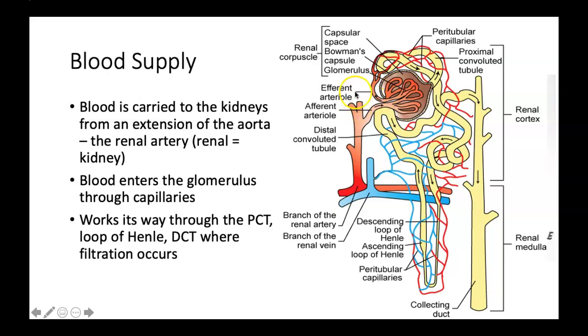So picture blood coming in from a branch of the aorta, branching into the renal artery, and then branching down into these little capillaries and the afferent arterioles, and they bring blood into the glomerulus, at which point it's circulated around the proximal convoluted tubule, loop of Henle, and distal convoluted tubule for filtering.